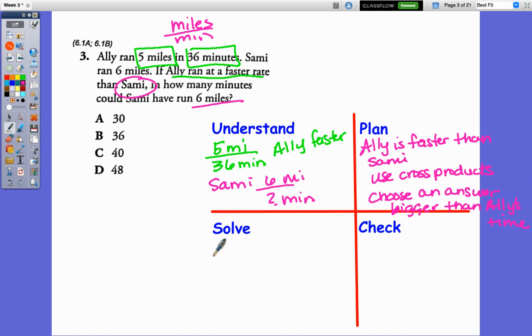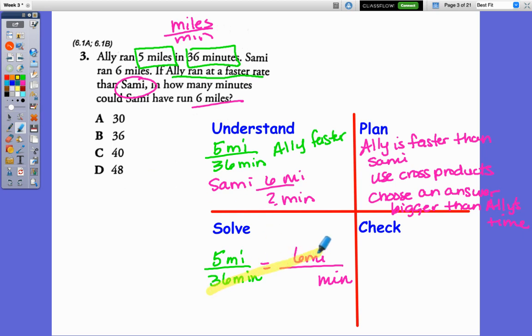So I'm going to come down here, and I have Allie is 5 miles in 36 minutes. And then Sammy is 6 miles in I don't know how many minutes. So this one is when I'm going to cross multiply.